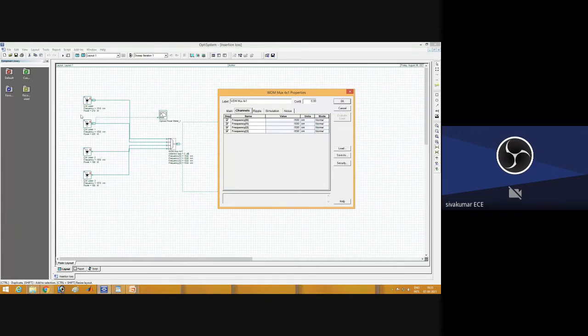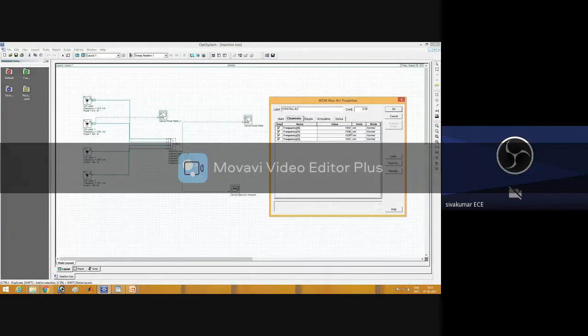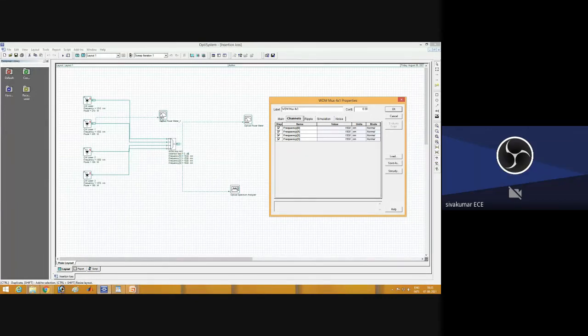Whatever inputs you are applying, it shows. I need to calculate the insertion loss at the second channel, 1530. For example, in the PPT, I showed with 1510 nanometer. I am connecting the input optical power, measuring the power at 1510. Now I want to check with the 1530 nanometer channel.